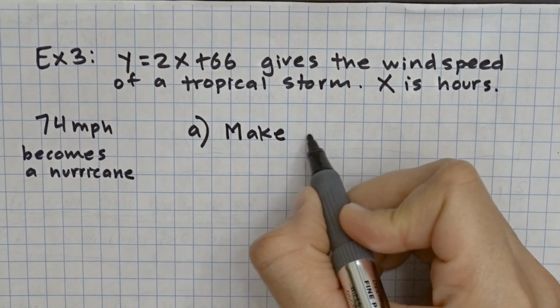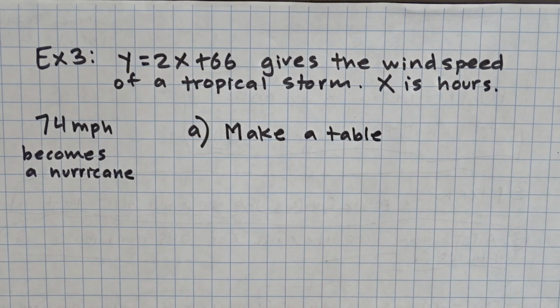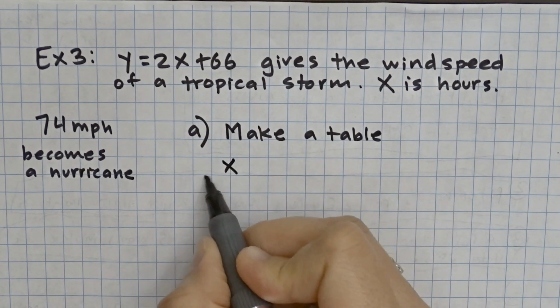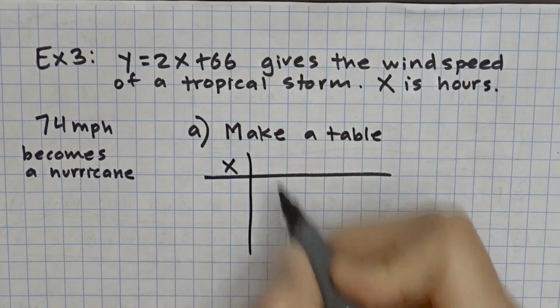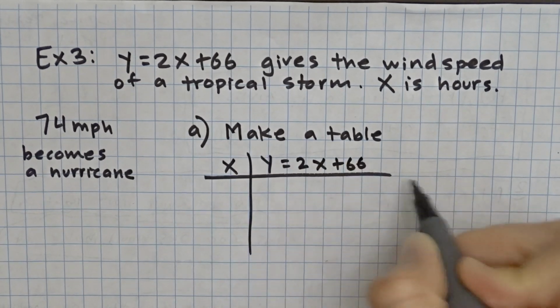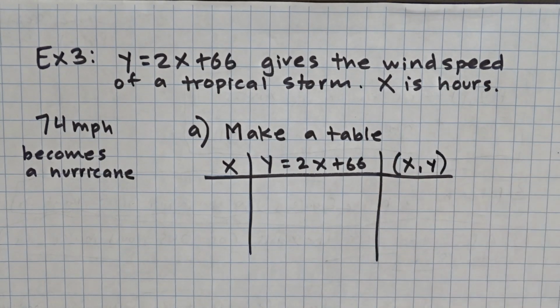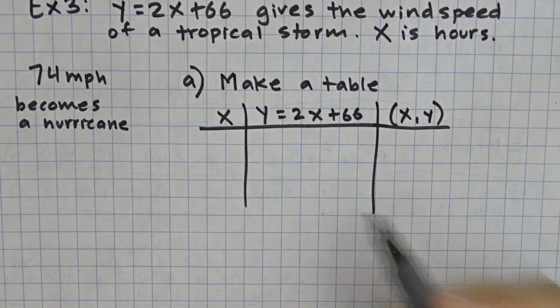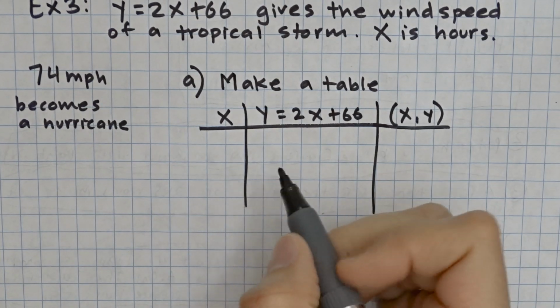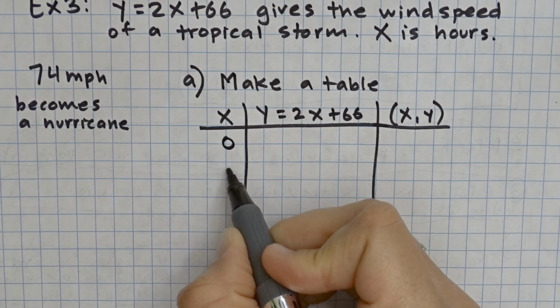Make a table. And again, we only need 2 points, so let's use 0 and 2.